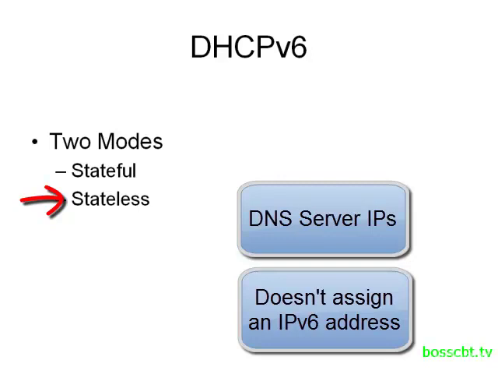So whereas the stateful server would keep track of what IPs it assigned, who it assigned it to, and how long they have it, well, the stateless approach doesn't even give out IP version 6 addresses, so there's nothing really to keep track of. It only really gives out the DNS server IP information that a host should be using. Okay, so when you think of the two methods, stateful is a lot more robust. Stateless is just very simple.